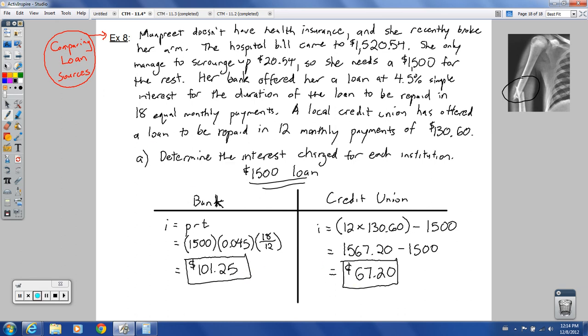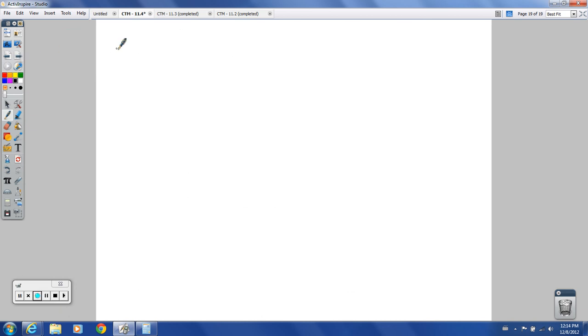Let's check out part B, and let's now determine the APR, that true percentage rate. This is going to help us decide which one is actually the better deal. Kind of depends. Yes, you're going to pay back more interest with the bank regardless, but if that's all you can afford, maybe that's the better deal for you.